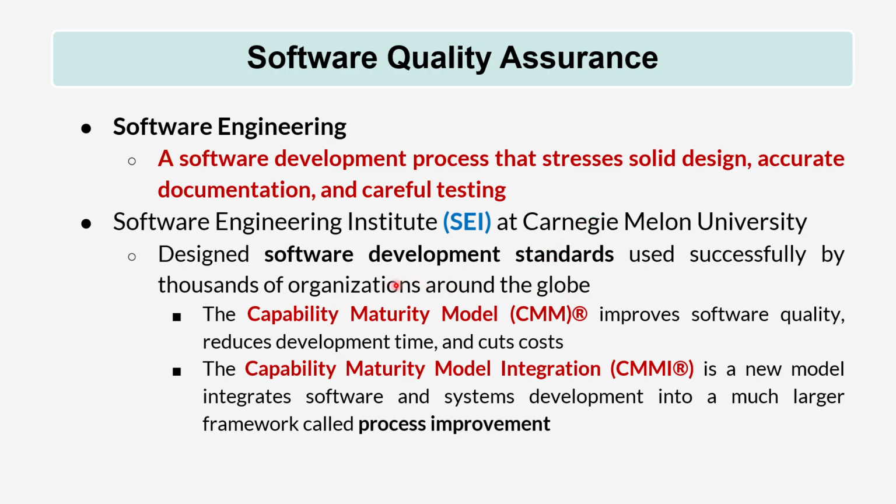They designed a set of software development standards that is being used successfully by thousands of organizations around the globe. The purpose of the model, the Capability Maturity Model, or CMM, is to improve software quality, reduce development time, and cut costs.